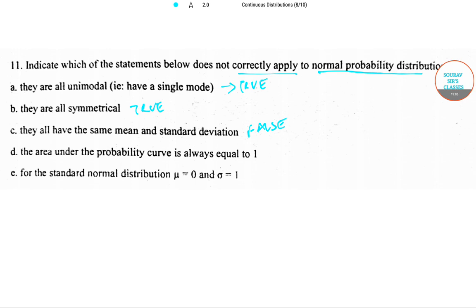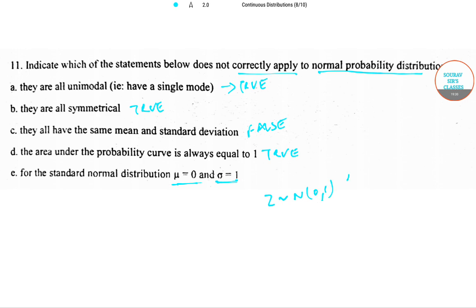Option D, the area under the probability curve is always equal to 1. This again is true. Option E, for the standard normal distribution, mu is equal to 0 and sigma is equal to 1. Now for a standard normal distribution, we usually represent it by Z. It follows normal 0, 1.